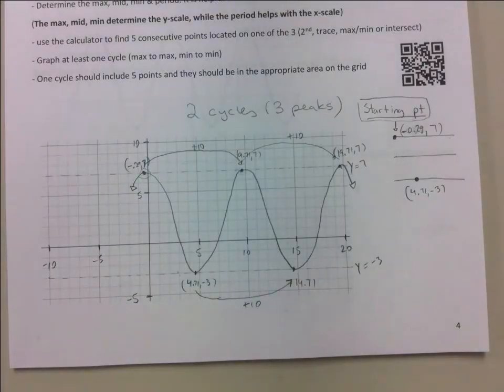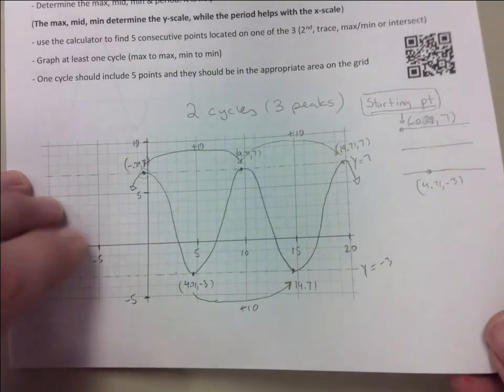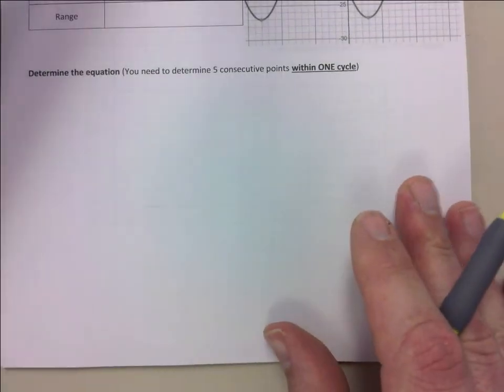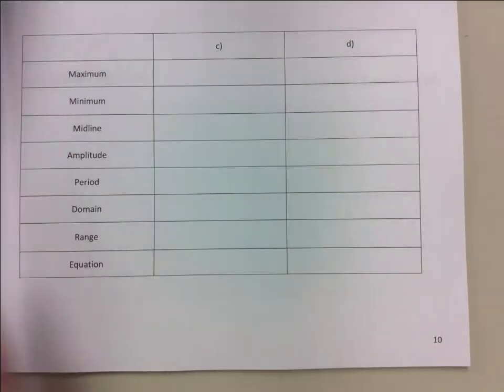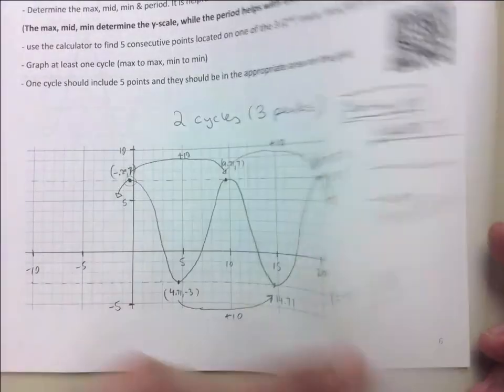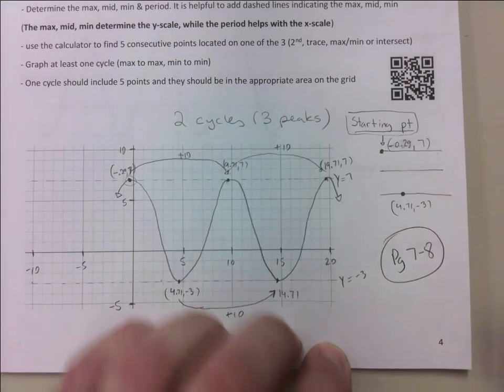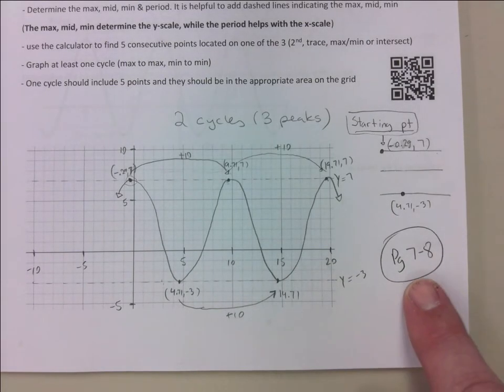I'm going to ask you to try this. I want you to try page 7 to 8. 2 questions. You should try not to leave without having done one today, okay? Try at least page 7.